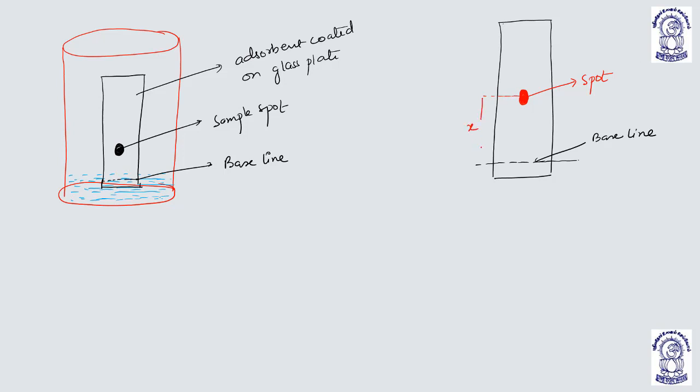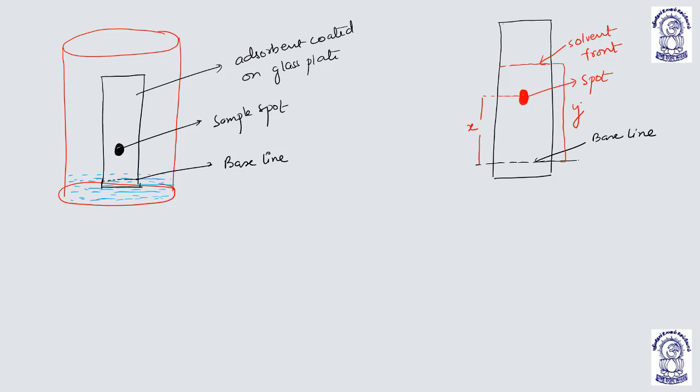This is distance x from the baseline. This is the solvent front. Solvent front is that maximum extent up to which the eluent or the moving phase or the solvent reaches. This distance from the baseline is y.